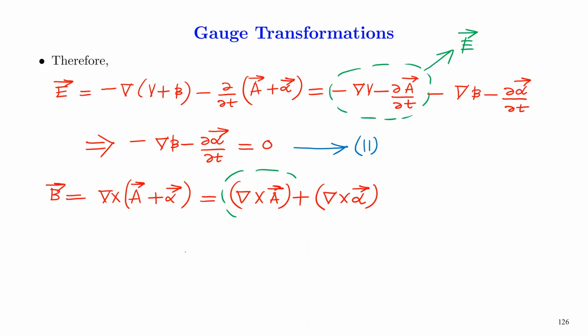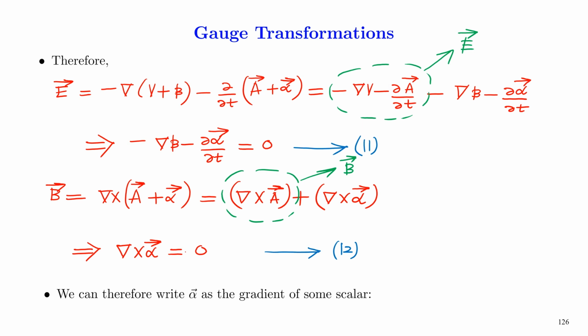Again, the first term corresponds to the magnetic flux density B, which implies del cross alpha equal to 0. Since del cross alpha is equal to 0, we can write alpha as the gradient of some scalar, that is alpha equal to del lambda.